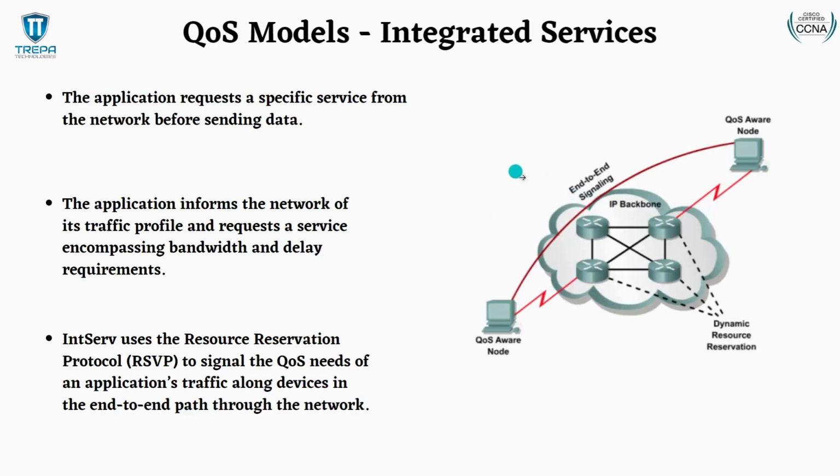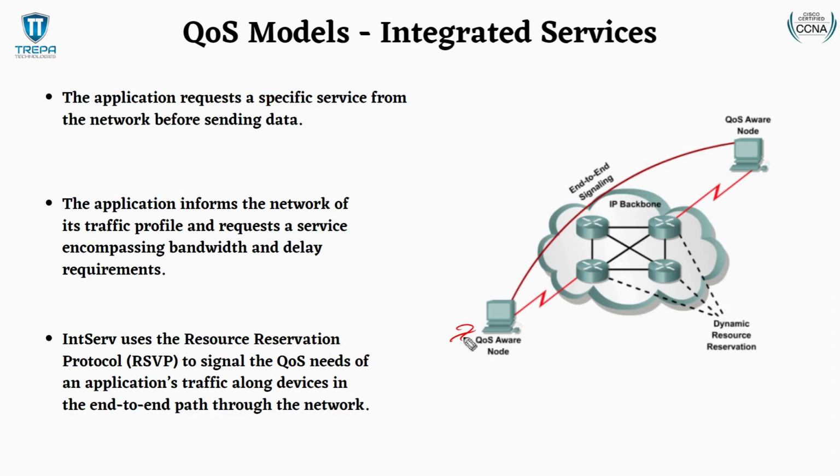So this is the QoS model I was telling you that I'm not really too sure how it works. But essentially, an application is going to request a specific service from the network before sending data. So we have nodes here, or these end devices that are saying, hey, I'm QoS aware, and I want to request an SSH session.